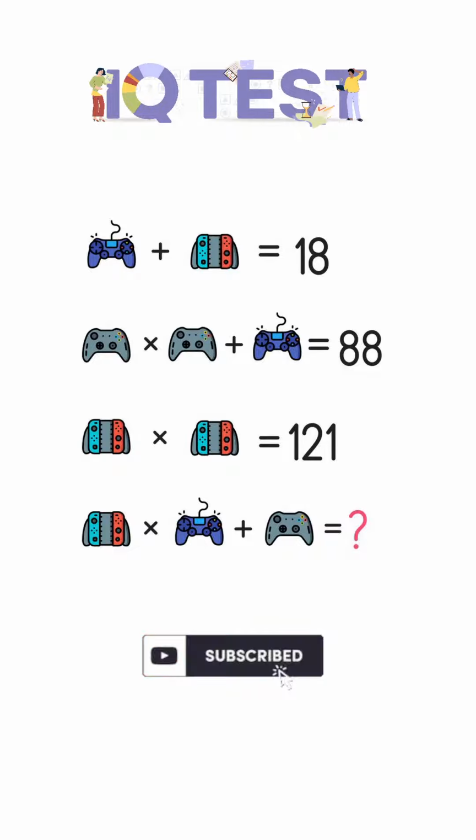Okay, the blue-red controller is 11. If it is 11, it means 11 plus the blue controller is 18. So it means the blue controller is what? 7. So from here we can get the value for the blue controller. So the blue controller is 7.